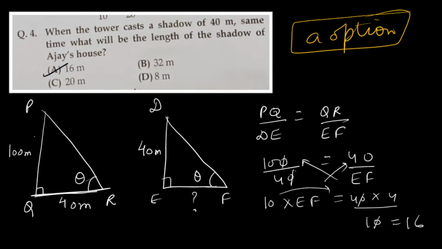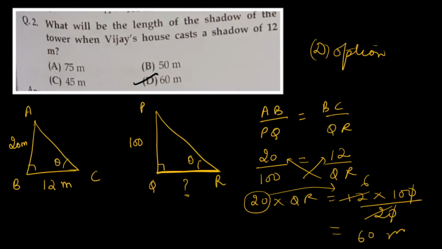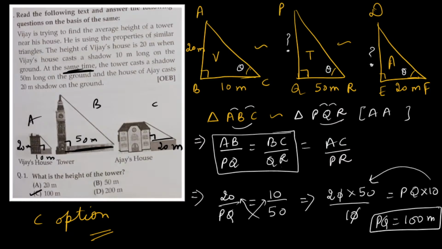Because this year's pattern is competency based questions, one practical question, a real life situation, has been converted into a question. So this is how you can see the concept of similarity is actually used in real life also. You can expect such questions, even in the specimen paper, if you see, one question of this type is there. That question is of factorization.